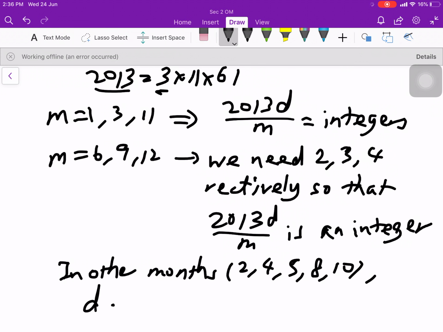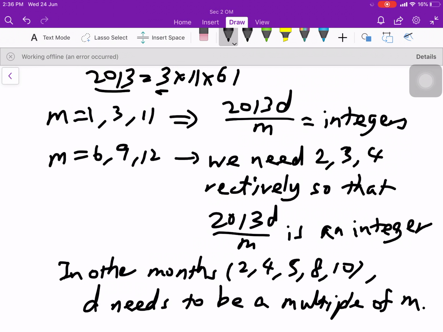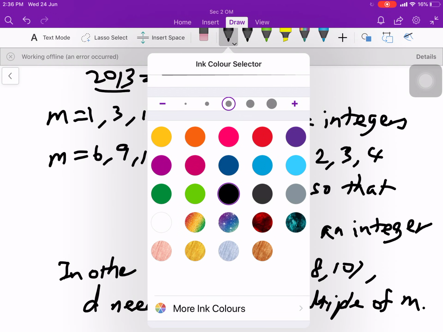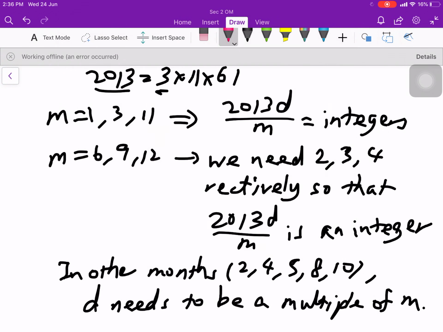Your D needs to be a multiple of M, no? M will take this value. Don't forget, M is referring to the month. That means M takes these values of 2, 4, 5, 8, 10, because other months refer to other values of M.